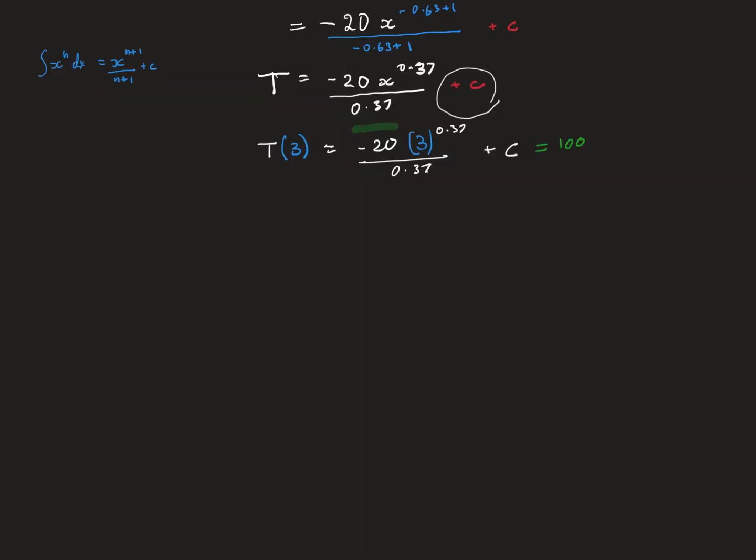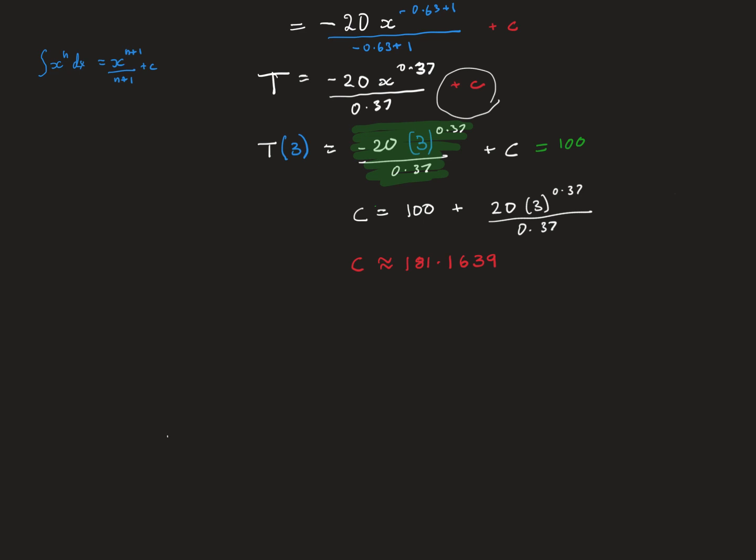So let's move that whole minus part of it to the other side, and we will have that c is equal to 100 plus 20 times 3 to the 0.37 over 0.37. And this is approximately 181.1639.